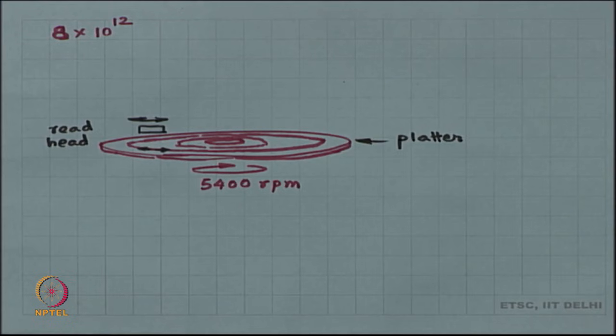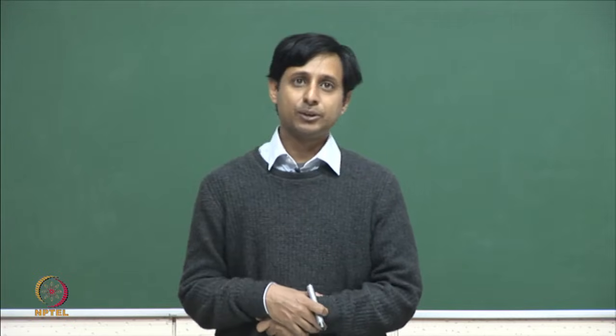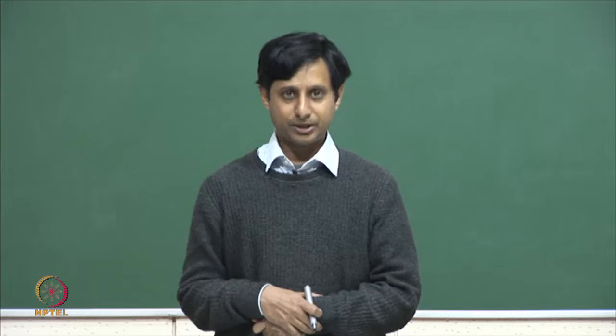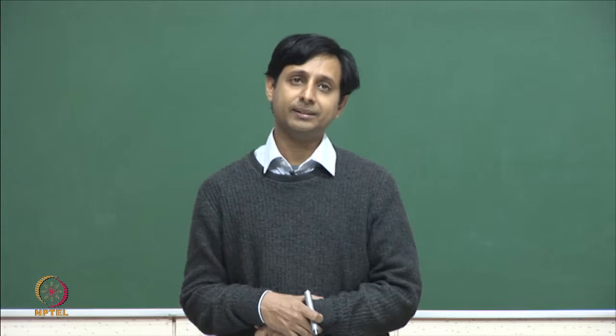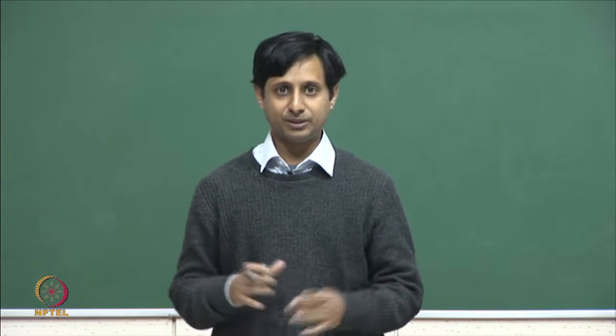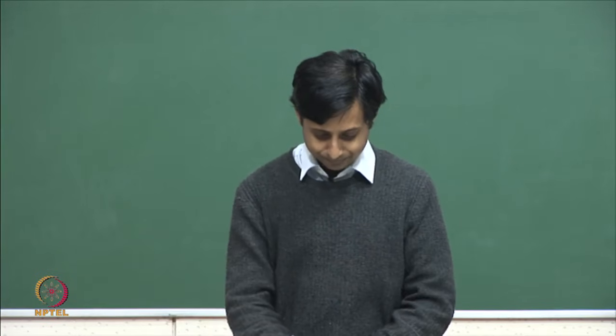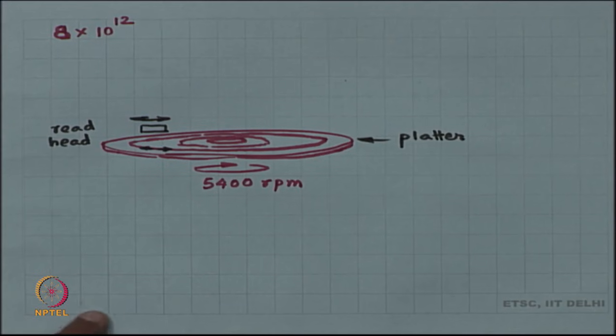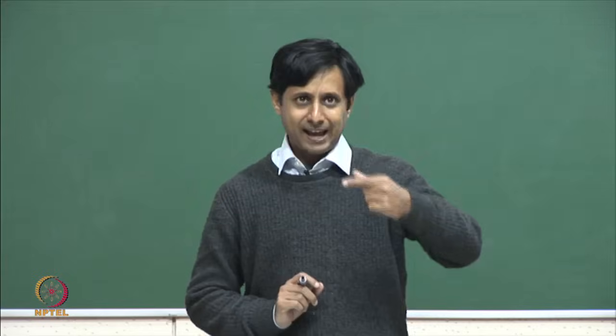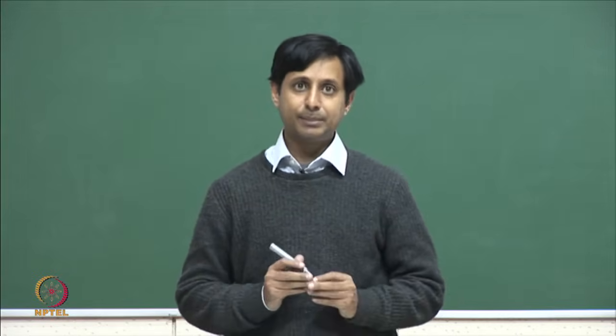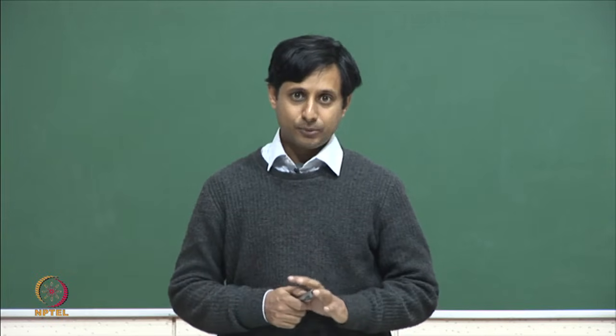The read head has to align itself to the correct track, or the correct cylinder in the words of the hard drive. So, it goes to the right cylinder, the correct track, and flies right on top. Why does it have to fly?